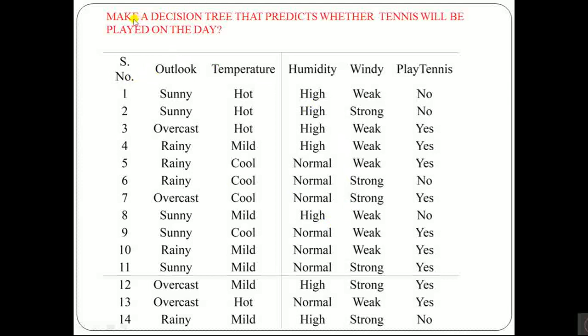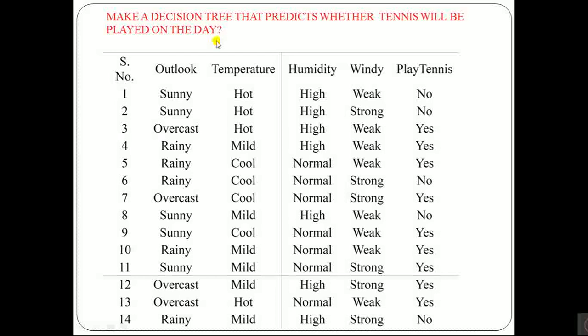I am going to make a decision tree that predicts whether tennis will be played on the day. Let us assume we want to play badminton or tennis on a particular day, say Saturday. How will you decide whether to play or not?